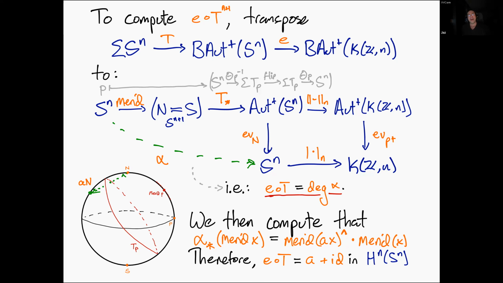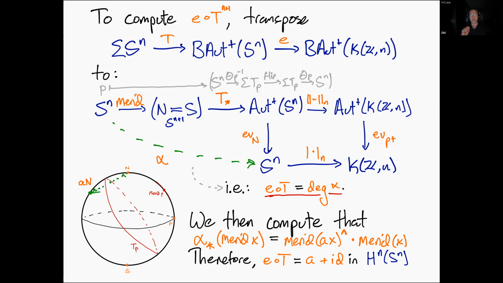Okay, so here I've just written out at the top the composite E after T. That's the push forward of the sphere bundle T along E, or in other words, the pullback of E along T. So to calculate this, note that if we're in the inductive step here, so if we're considering our sphere as a suspension of a previous sphere, then we're mapping out of a suspension, and we can take the transpose under the suspension-loops adjunction.